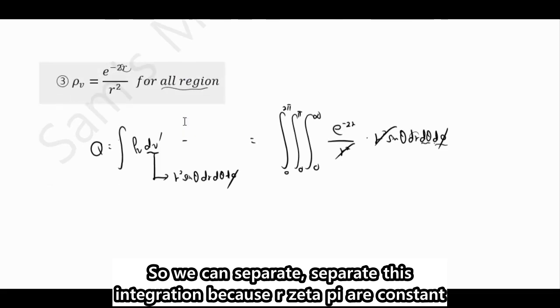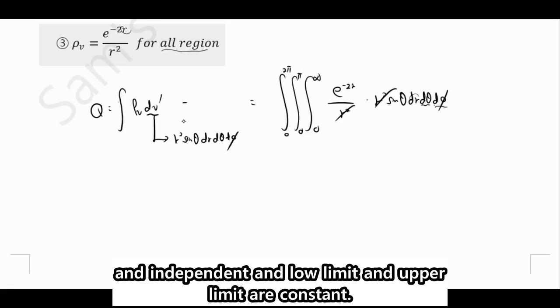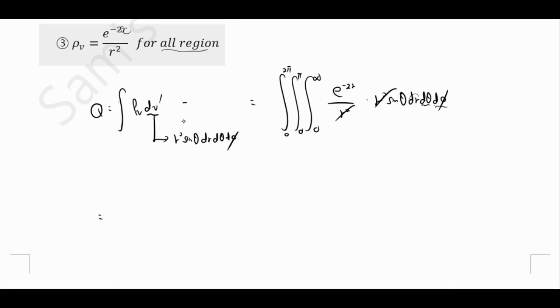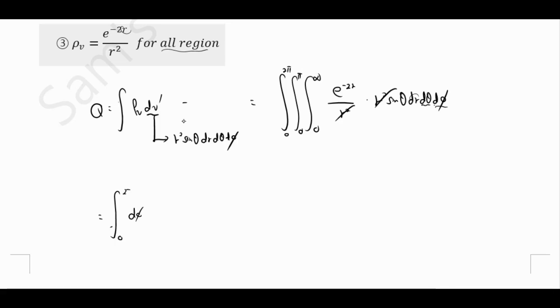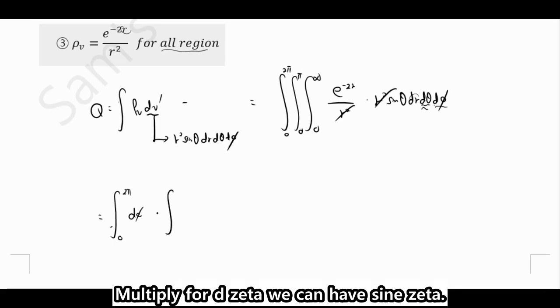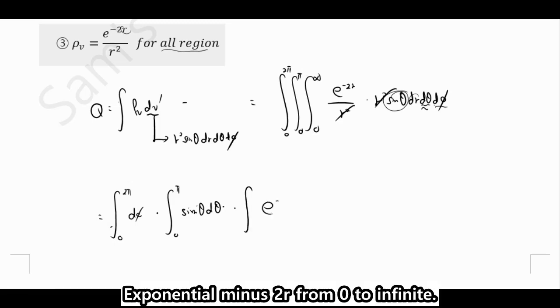So we can separate this integration because r, theta, phi are independent and the lower and upper limits are constants. For d phi, we just leave d phi from 0 to 2 pi, multiplied by the integral of sine theta d theta, with theta from 0 to pi, and for r, exponential minus 2r from 0 to infinity.